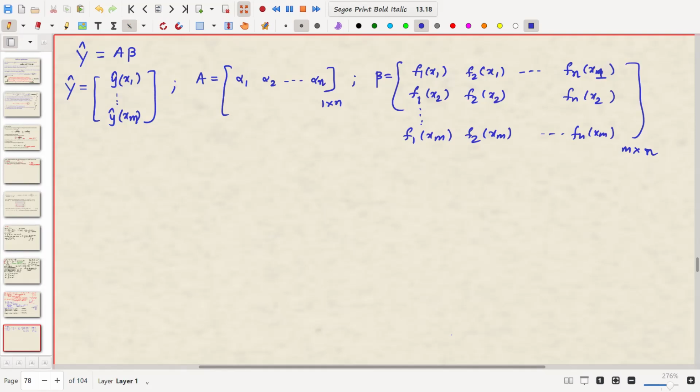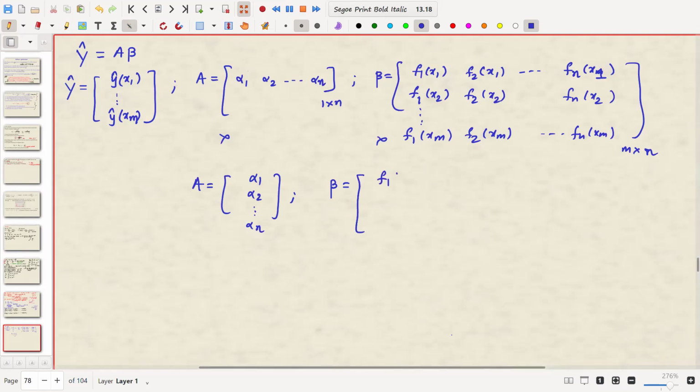So now what should I do? I should write A not as a row vector but as a column vector. The beta matrix should be like this. So then what change will there be? N cross M. Yes, so now you know the mistake. So actually A equals alpha 1, alpha 2, and so on up to alpha n. What should beta be?